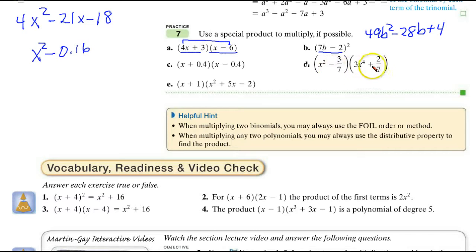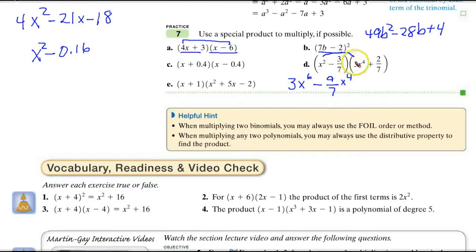Okay, this one I'm going to have to FOIL, and it's a little tedious, so let's do it very slowly. The first is going to be 3x to the sixth, just adding my exponents. Now my outers are going to be, I'm going to put it over here too, because I see this one's going to be hard. So I'm going to do my inners first. This is going to be a negative, 3 times 3 is 9 over 7 x to the fourth.